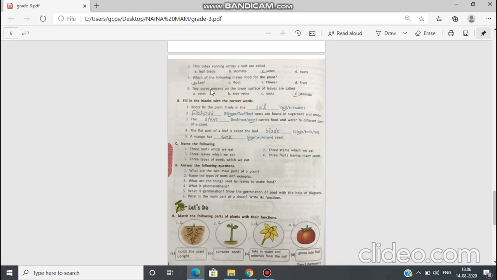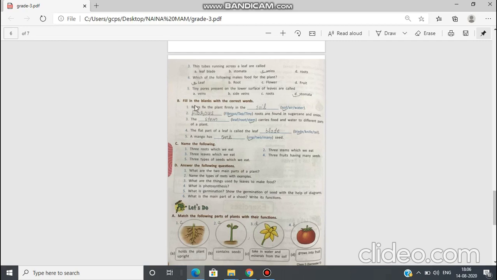Tiny pores present on the lower surface of leaves are called veins, side veins, roots or stomata. Which one is correct? Stomata. Right.